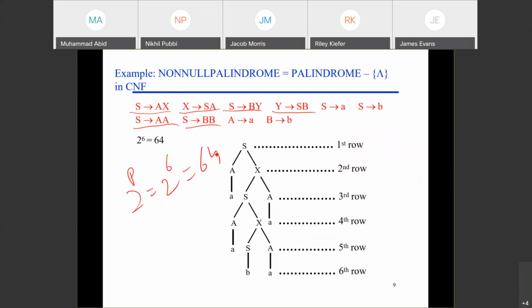So the maximum size of the word you can generate is 64. If the size of the word is 64, you will not find any descendant or self-embedded tree there. But if you generate a word of size greater than 64, you must find a descendant tree and a self-embedded node there. Otherwise, this is not possible.